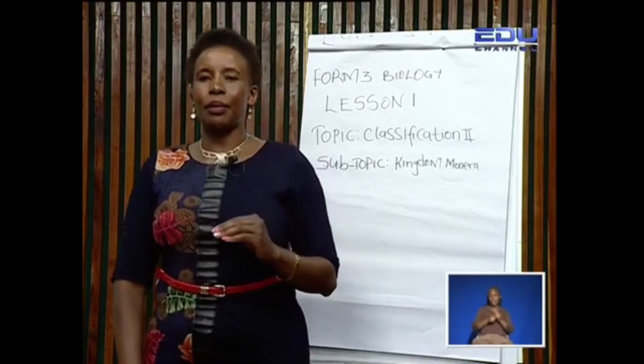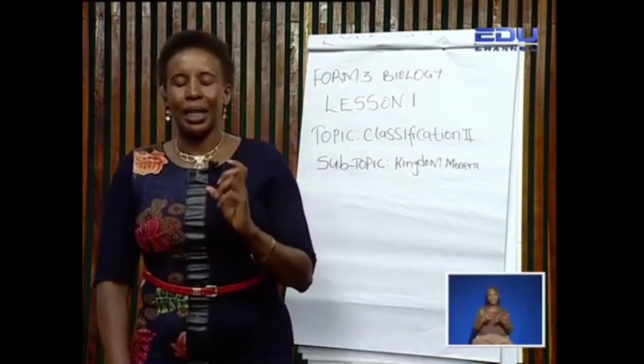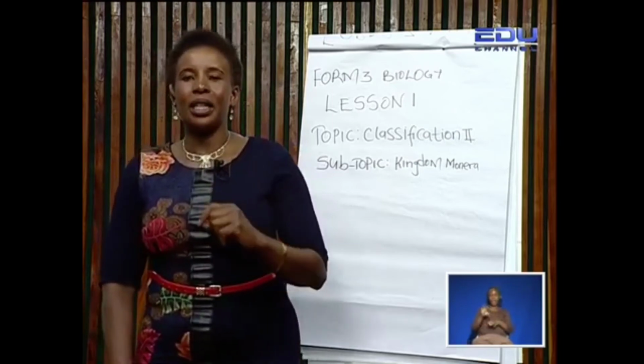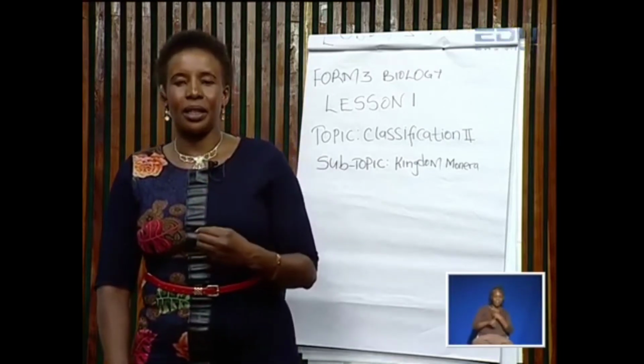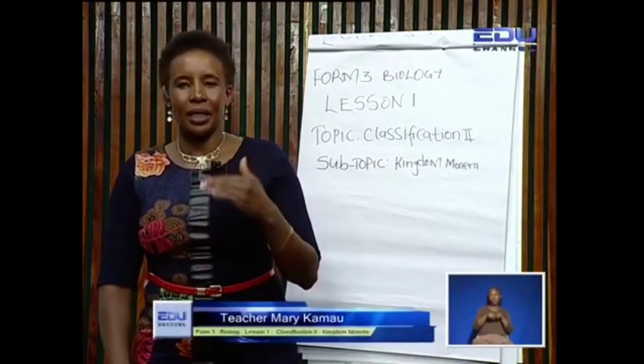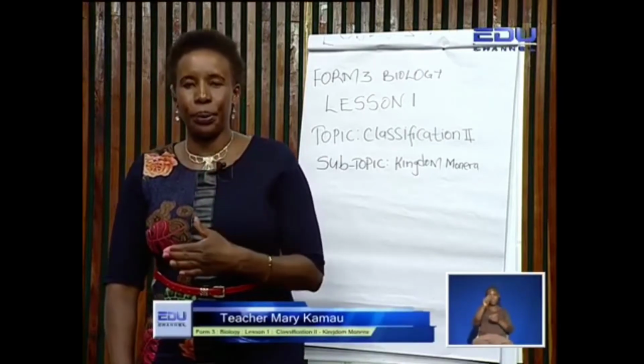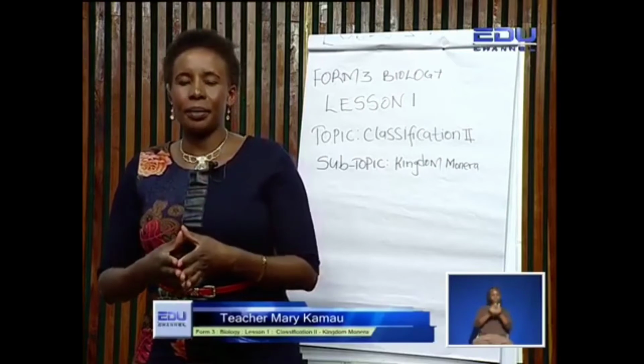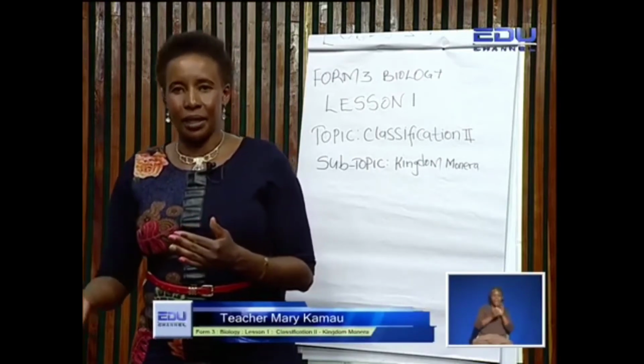So those are some of the features that are used to classify animals in different taxons. Remember, I said a taxon is just a group of living organisms which have similar structures.